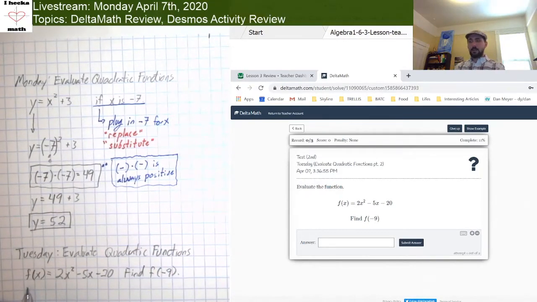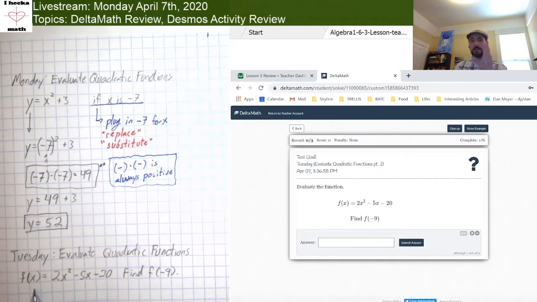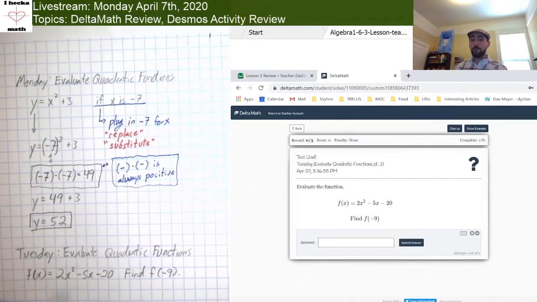And let me read this out again just so we get practice reading the math. This is what's called function notation. And we read function notation like this. f of x is 2x squared minus 5x minus 20. Find f of negative 9.